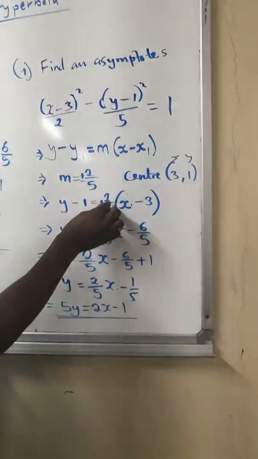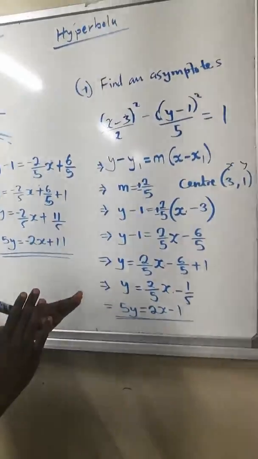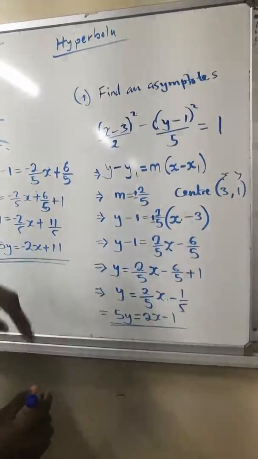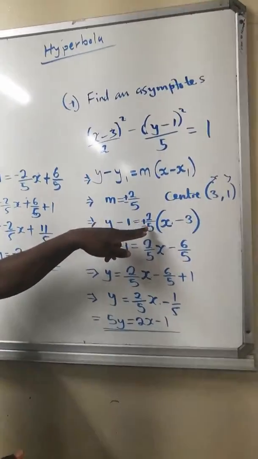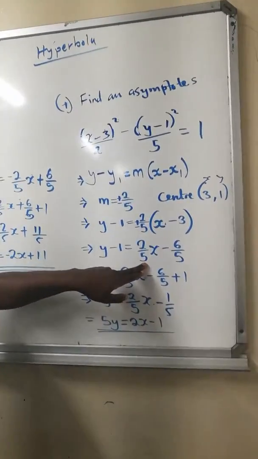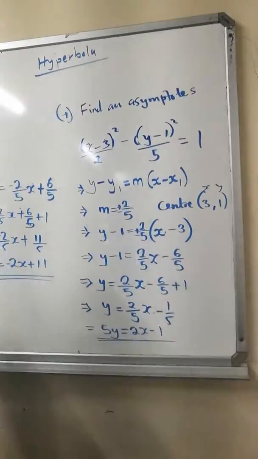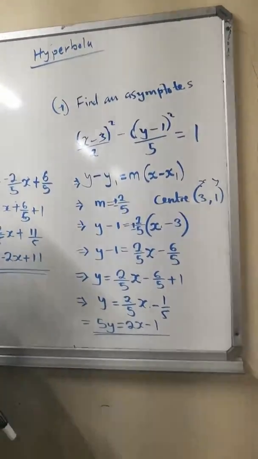First we start with the positive one. We work out the positive, and then we'll come to the negative. So positive 2 over 5 multiplied by x gives us 2 over 5x, and the same multiplied by -3 gives us -6 over 5.